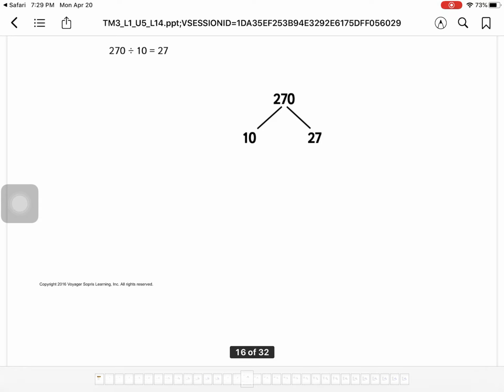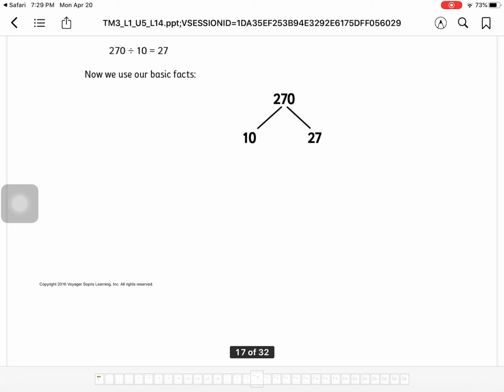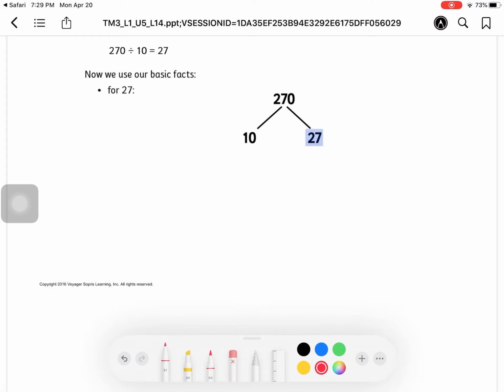Remember, with our powers of 10, that will make it easier for us. Now I can easily break down the 10 because I know 2 times 5 equals 10, right?